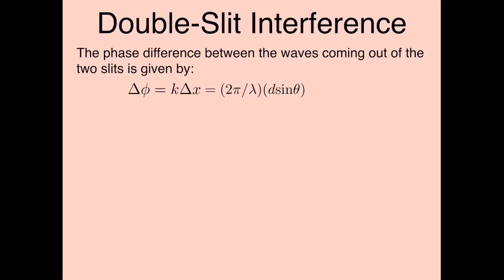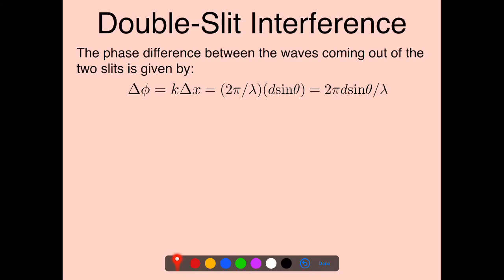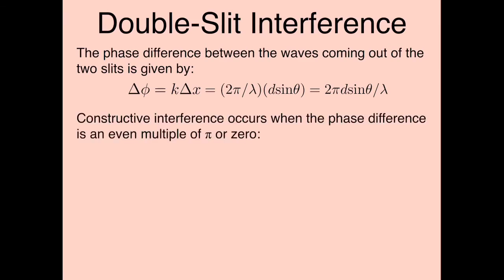So to simplify that, on top we have 2 pi times d times sine theta, and on the bottom we divide by lambda. This is an expression for the phase difference between the two waves coming out of the two different slits. So remember, constructive interference occurs when the phase difference is an even multiple of pi, so 2 pi, 4 pi, 6 pi, or just 0.